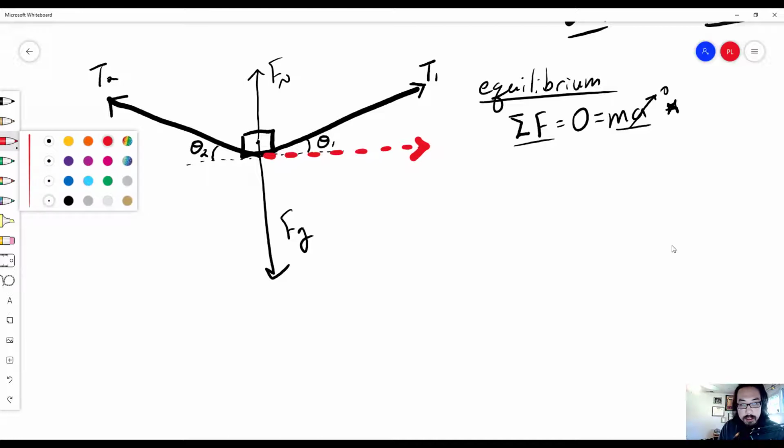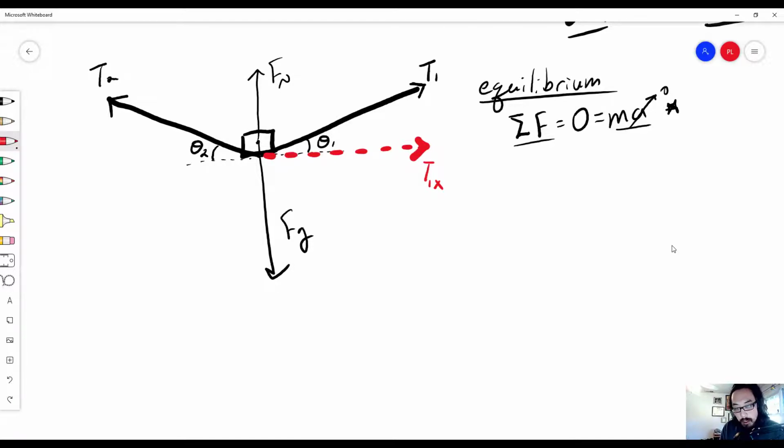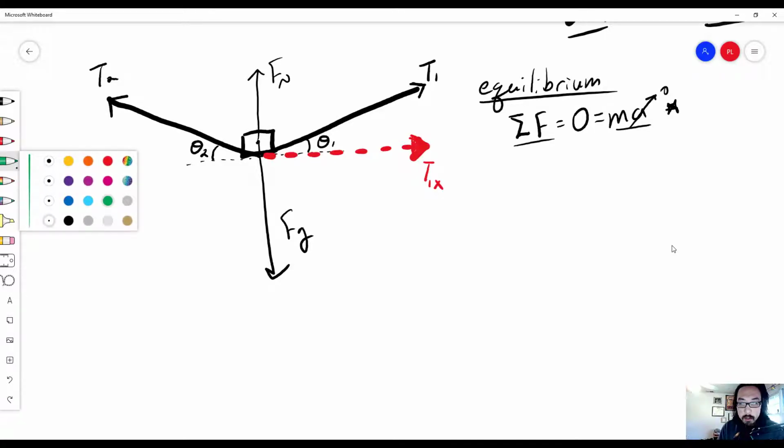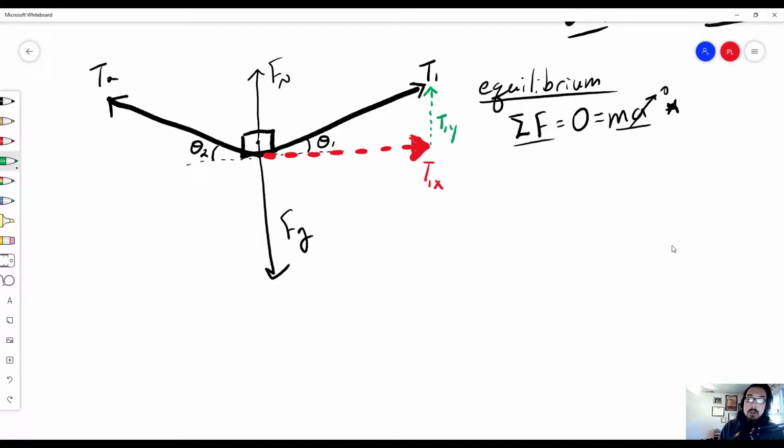We're going to call this T1x, because this is along the x-axis. Notice here my arrowhead is pointing to the right, and that's because this tension is pulling up and to the right. Your components have to reflect what's going on in the real world. The next one I'm going to do is T1y. Just like that. So we have T1x and T1y, and we have the angle.